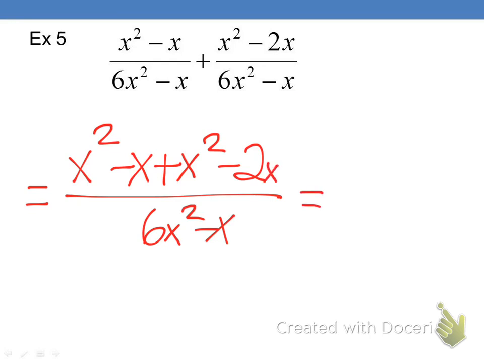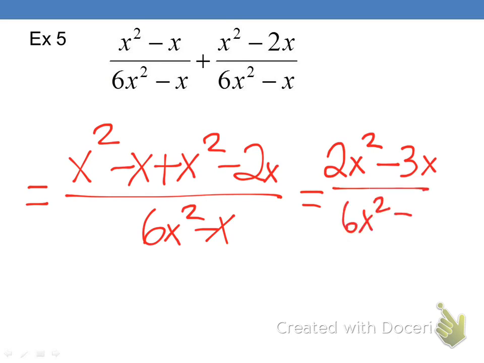Sorry. Okay, what's going to happen up top? We have x squared plus x squared. That's 2x squared minus, what's negative x minus 2x? Negative 3x all over 6x squared minus x.